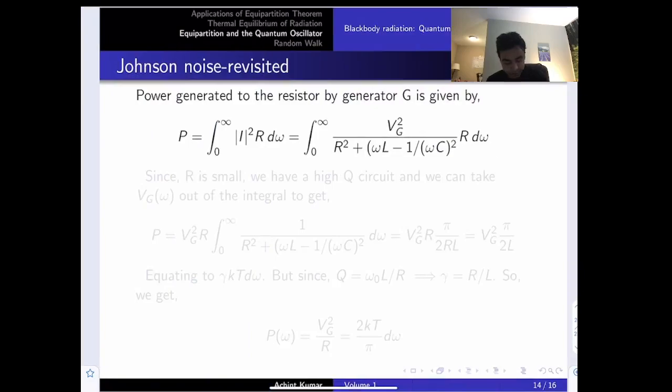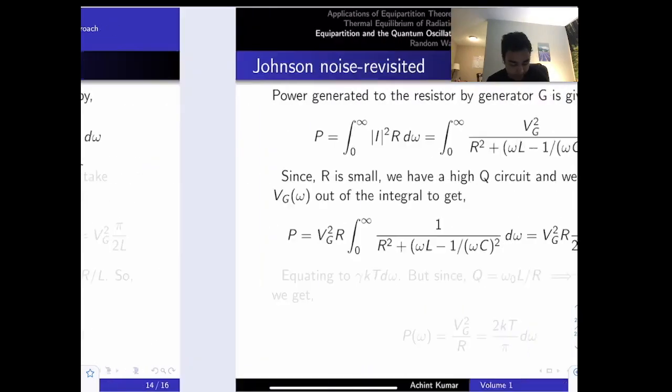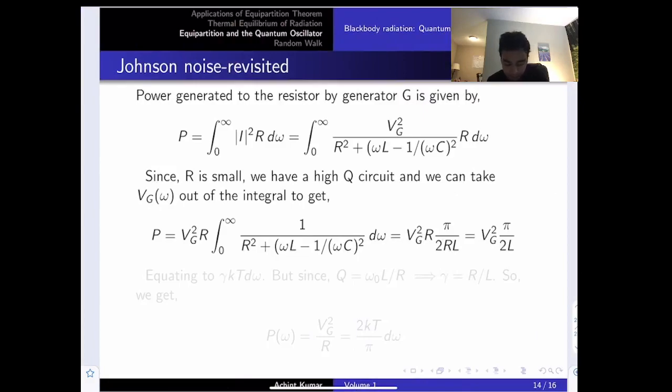Okay, next to figure out the power generated by the resistor, which is connected to the generator G, would be equal to an integral from 0 to infinity of I squared R. We have already calculated the current in the circuit here, and then we multiplied by the resistor value to get this expression for the power that is being generated in the resistor due to the generator G. Since we are assuming R is small, we have a high Q circuit, just as we had done in the black body radiation case.